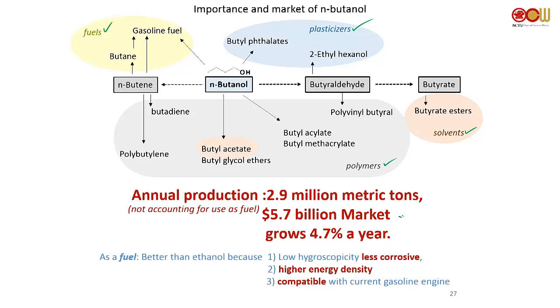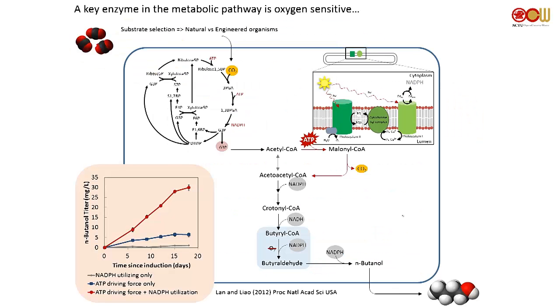Currently, butanol is produced from petroleum, and we know that sucks, okay? Petroleum is running out. So we want to use something green, fermentation, or in my case, CO2 to make butanol. So in my research, it's fairly simple. This is cyanobacteria, a bacteria that can use photosynthesis.